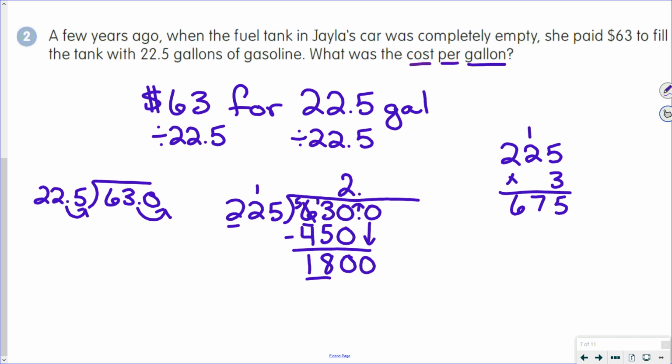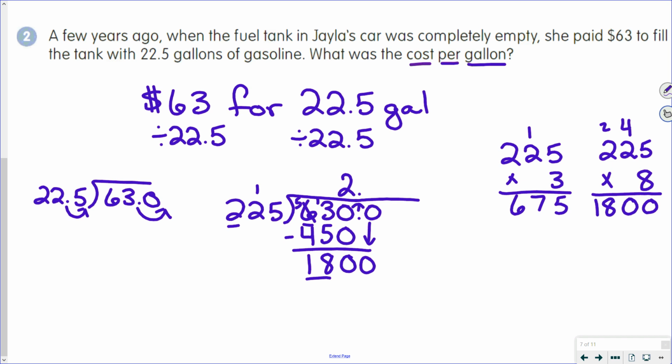So if we use some recent events, we knew that 2 went into 6 3 times, but 3 was too high. So if 2 goes into 18 9 times, 9 is probably too high, so instead of trying 9, it might be a good idea to try 8. 8 times 5 is 40. 8 times 2 is 16, plus 4 is 20. 8 times 2 is 16, plus 2 is 18.